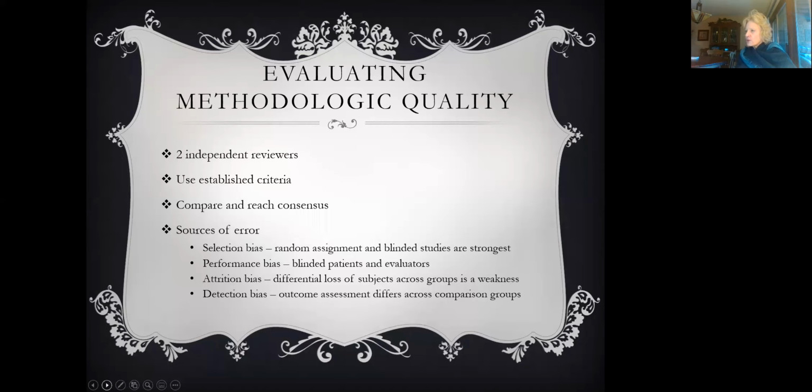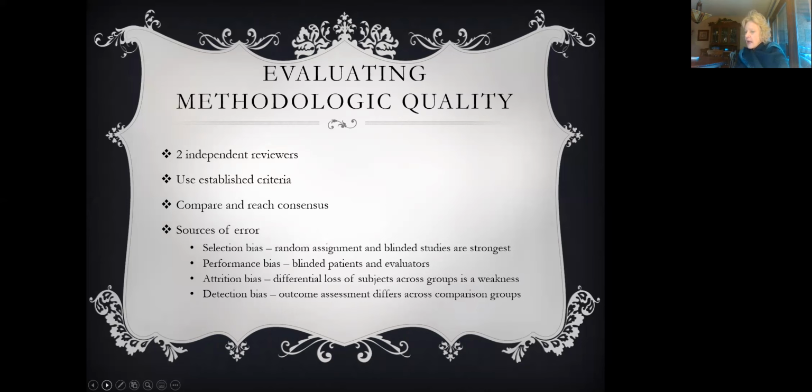And you want to use established criteria. So if it's an RCT, your CONSORT criteria. And you're going to compare then, after you both have critiqued it, you're going to get together and compare and reach consensus. Talk through how you evaluated the studies and why.